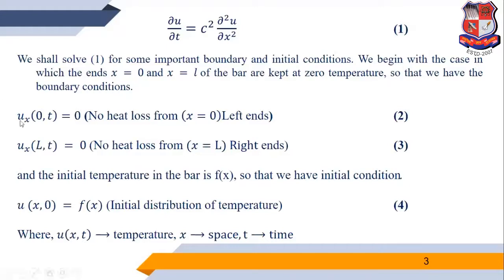Therefore, the boundary conditions are u_x(0,t) equal to 0, u_x(L,t) equal to 0, and the initial condition, that means at time t equal to 0, u(x,0) we consider f(x), and this is called initial distribution of temperature. Now u(x,t) is nothing but a temperature which depends on the space x and time t.